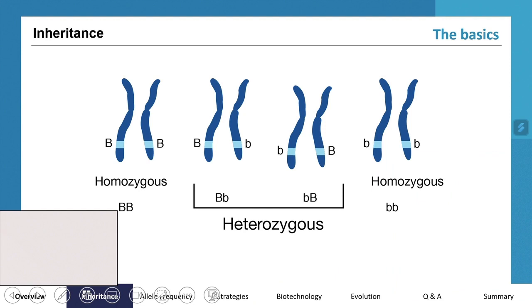And so I'm just going to go through a basic overview of genetics, and then we'll get into all of the inheritance patterns. So a couple things to go over first. The first thing that you guys need to know is what an allele is.